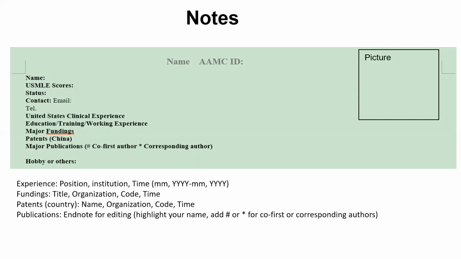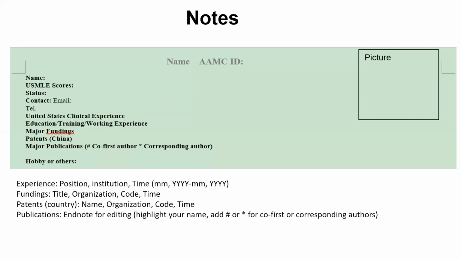If you need a visa, like a J1 visa or H1B visa, probably you don't need to mention it. And for the contact, just give your email and cell phone number.